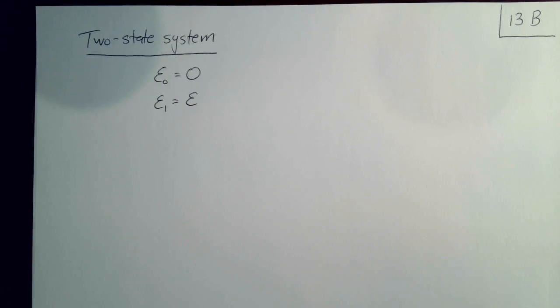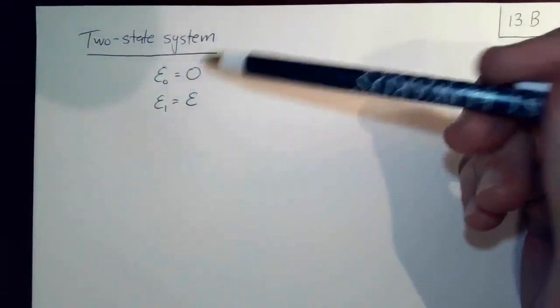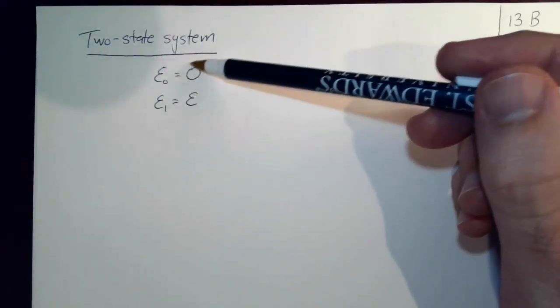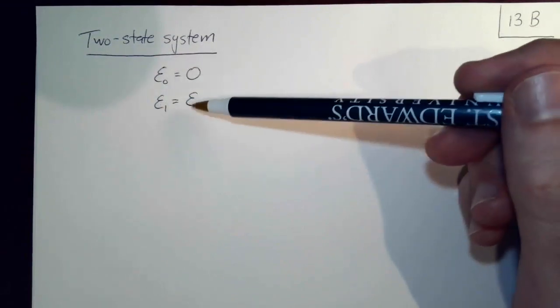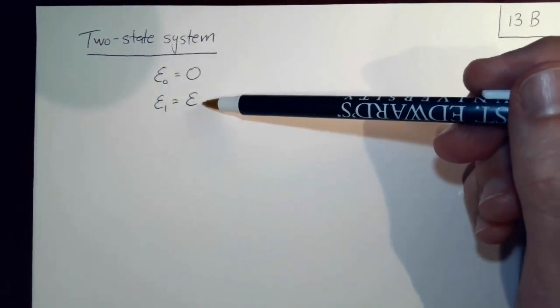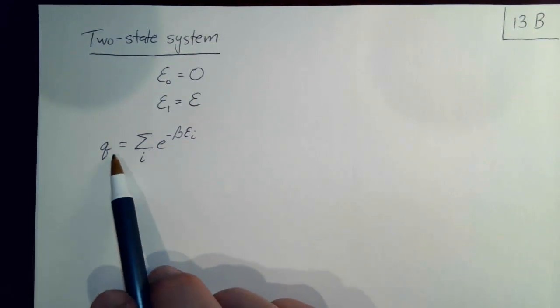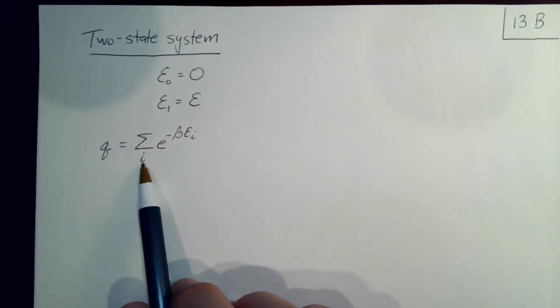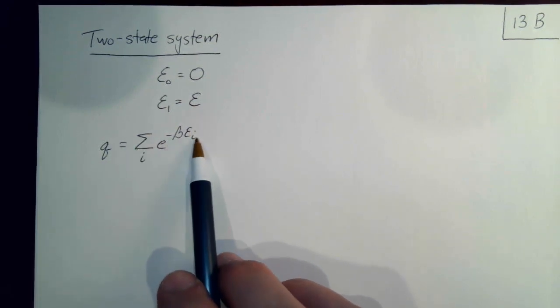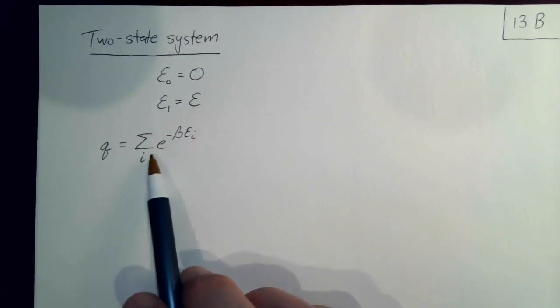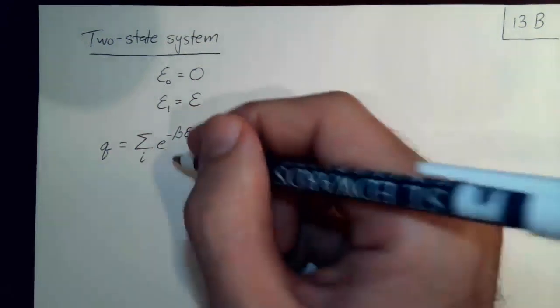All right, so a 2-state system might look something like this. Our lowest energy level is 0, and our next energy level is epsilon. All right, so let's calculate the partition function for this system. I'm going to go back to the original definition of the partition function, which is the sum over all the energy states, and there's only two in this case.